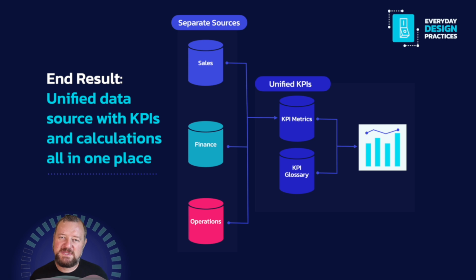All of that happens in the KPI glossary. That becomes useful when we have this unified KPI metric. We put those together, and now we've got a single source that looks across the entire company.